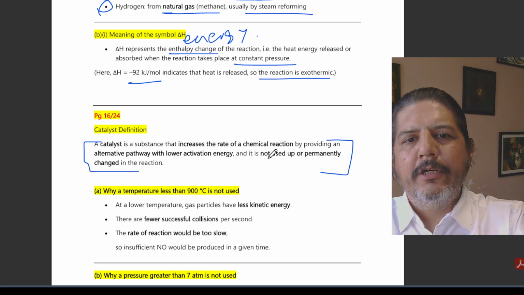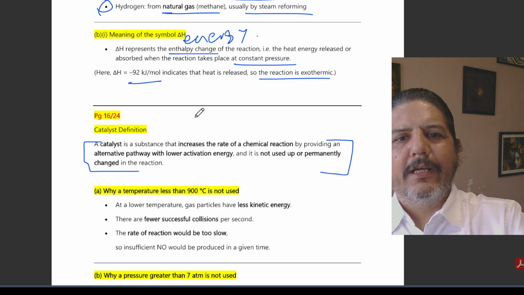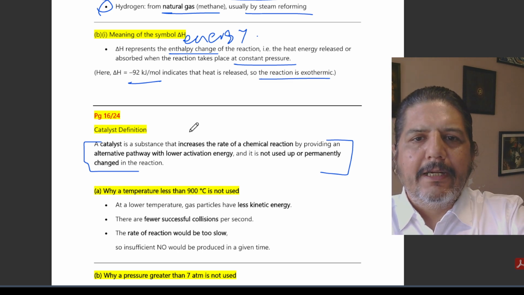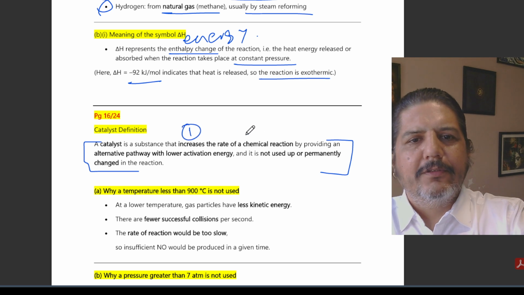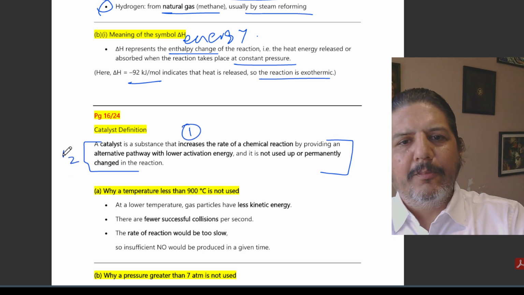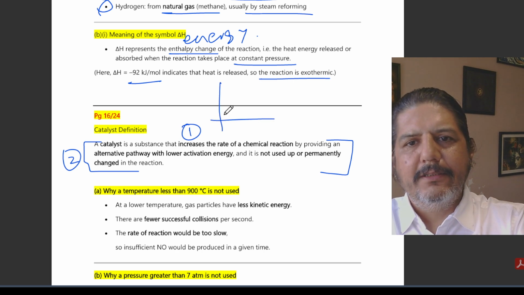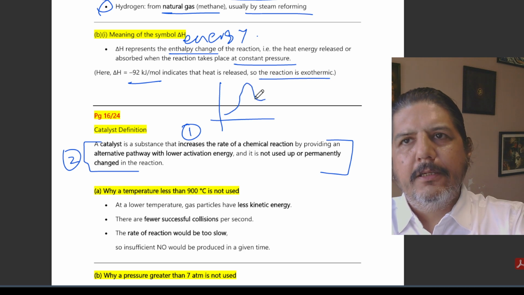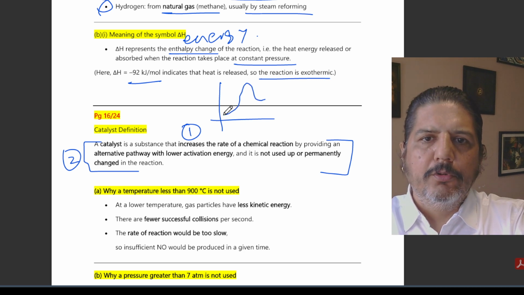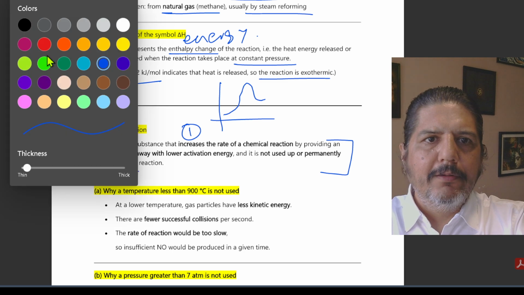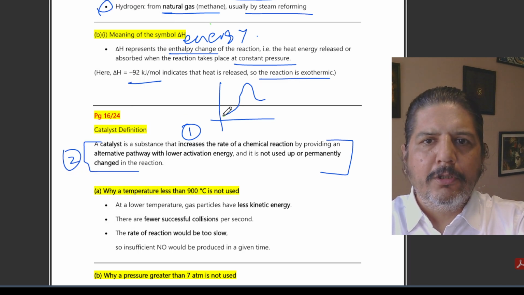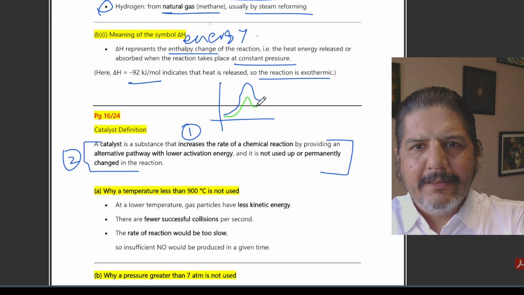I won't be going into detail, but 2-3 things I'll try to mention. A catalyst increases the rate of reaction. This is the first thing it does. Second, it provides an alternative path with lower activation energy. You would have seen a diagram like this in the chemical equilibrium chapter. When you use a catalyst, basically what it does is it provides an alternative path by decreasing the activation energy.